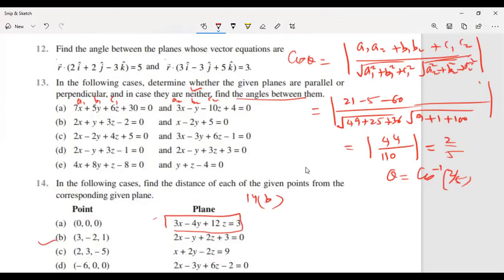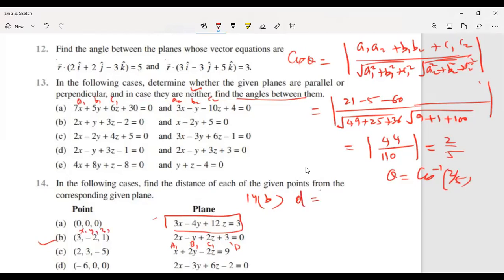Just put the values of x, y, z, and under root a square plus b square plus c square. Here the coefficients are capital A, B, C, and this is D. Then the perpendicular distance from this point, this point is x1, y1, z1.